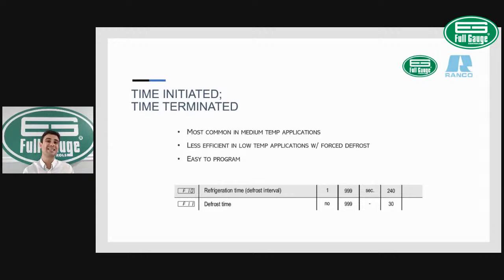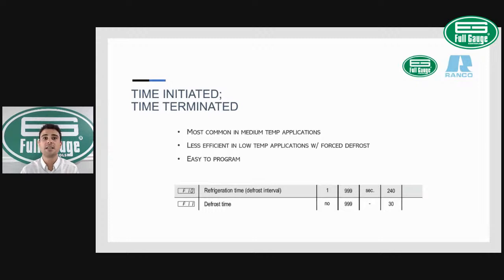This time-initiated, time-terminated is less efficient when you look at freezer applications, when you have another defrost element on the system. For example, on electric defrost, you don't want your heaters to be running for 20 minutes if those 20 minutes are unnecessary.